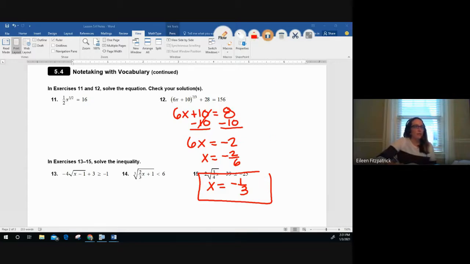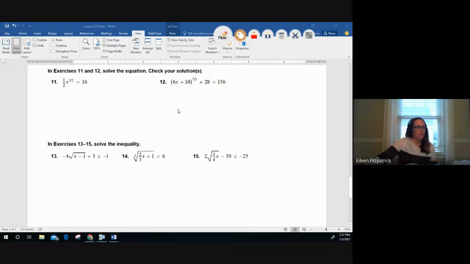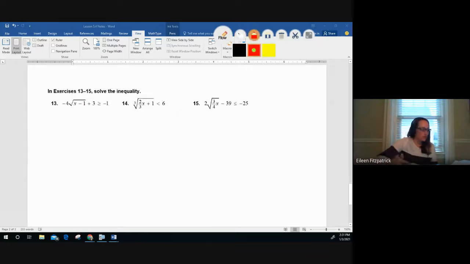The last one is number 14. Be careful here. Think about your solutions. If needed, think about any kind of rejectable solutions that you might be obtaining. All right, so raise both sides to the third. Cube root cancels. You have 2/3 x plus 1 is less than 2/16.